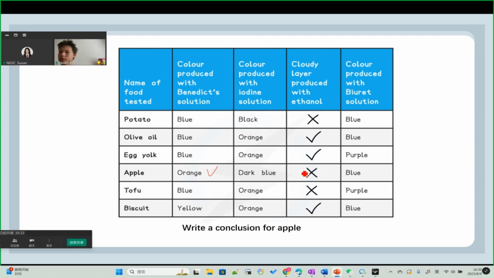Iodine? Wait, iodine test for starch. There's no fats and no proteins. Yep, very good.